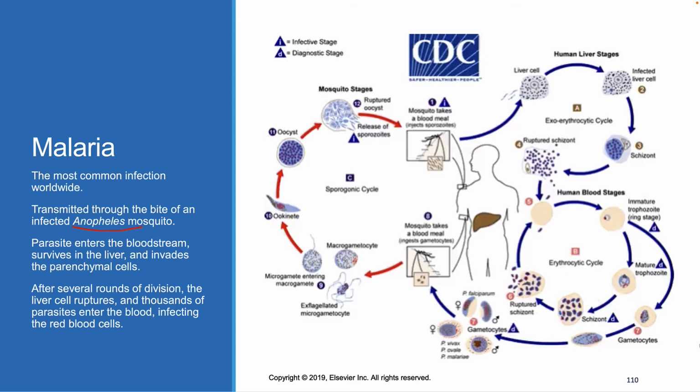After several rounds of division, then that cell ruptures, and all these parasites start floating around in the blood. Then they infect the red blood cells, and the red blood cells then become part of this cycle as well. There's a sexual cycle and an asexual cycle, and the drugs that we use are aimed at that particular cycle, whether it's the sexual reproduction or the asexual part.